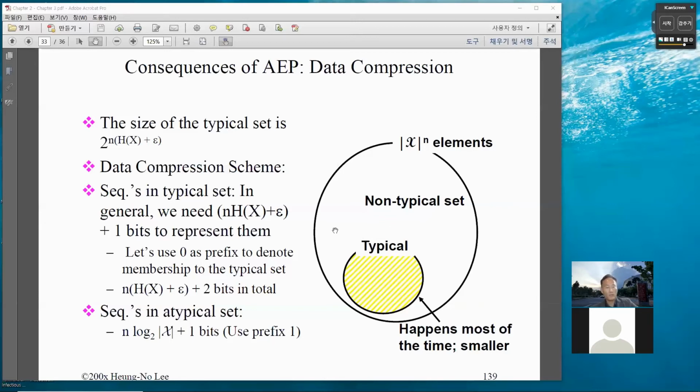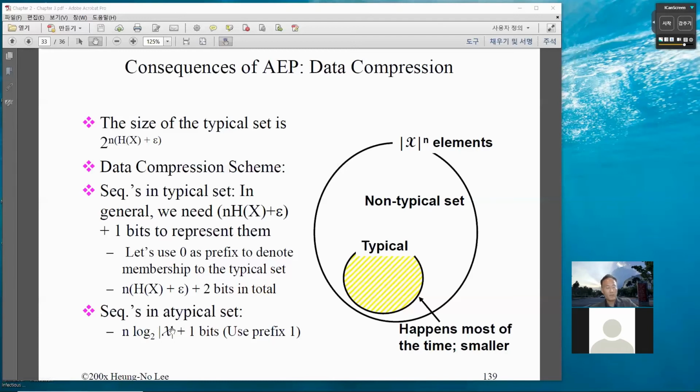So when you represent an element that belongs to the non-typical set, you have to use a certain prefix, let's say prefix 1. So if you start with 1, then you mean a non-typical set element. Then you have to allocate this many bits to represent each element, okay? But this one will be very, very long, I mean, you need many bits, right?